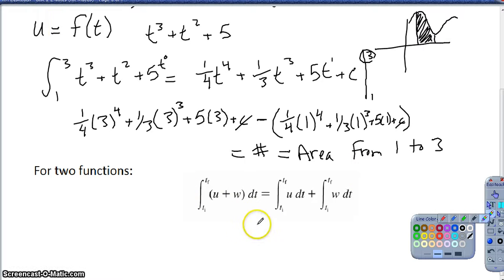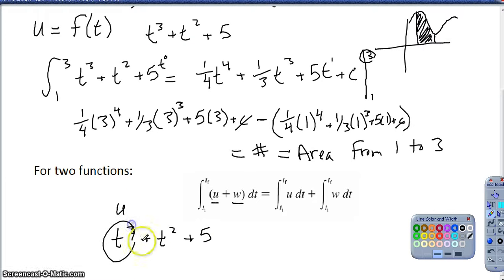So then the second thing down here, the second equation down here, all I want you to realize from this is just giving us u and w as two separate functions in terms of dt. So I could almost even go up to that first example I gave you, t cubed plus t squared plus 5. You could think of this to where we define u as t cubed, w as t squared.